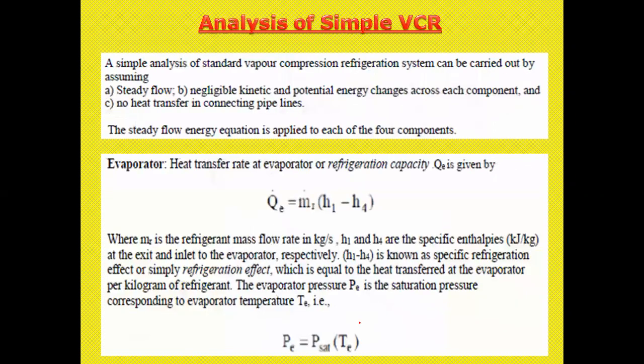Next, now we will do some analysis for this simple vapor compression refrigeration system. When doing the analysis, work done comes into the picture, right? The work done comes into the picture. Here if you see the standard vapor cycle system we have discussed in the last slides, it is carried out by a steady flow process.